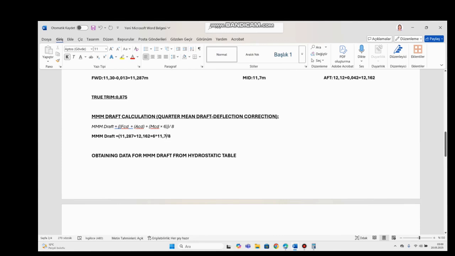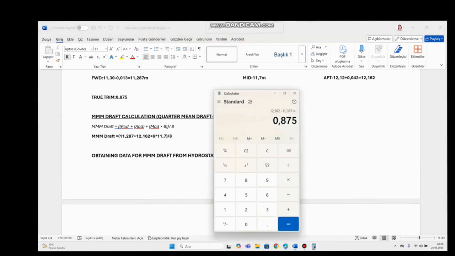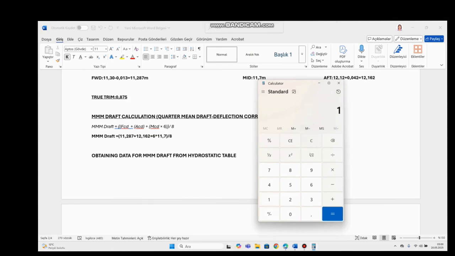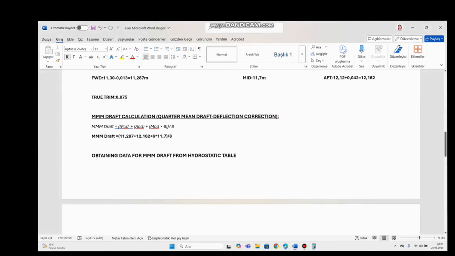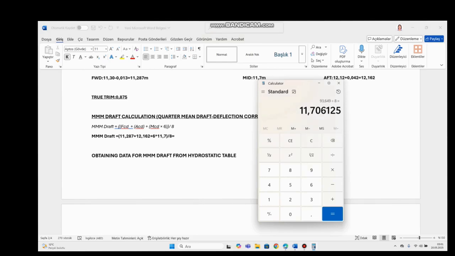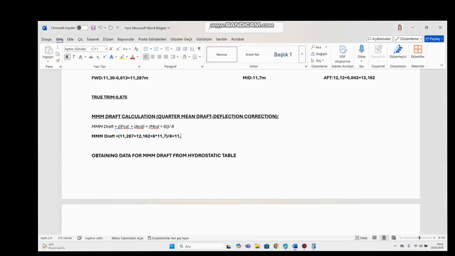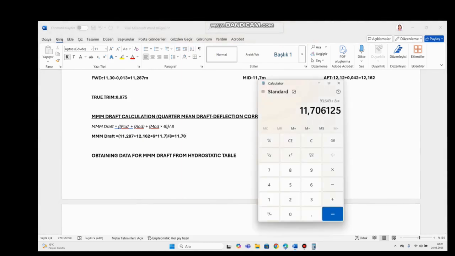This is fixed formula. Let's calculate. Sorry, I must start from mid draft. Plus 12.162 divide 8. 11.706.